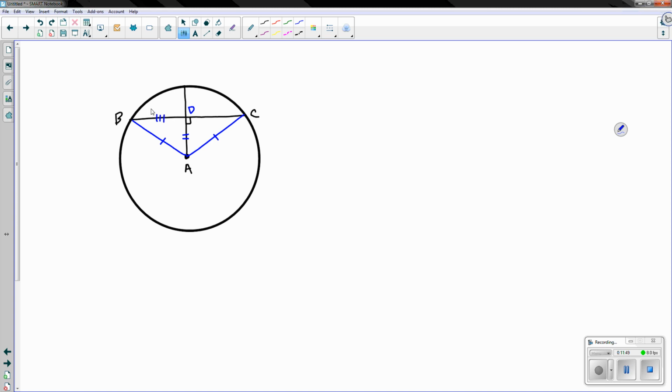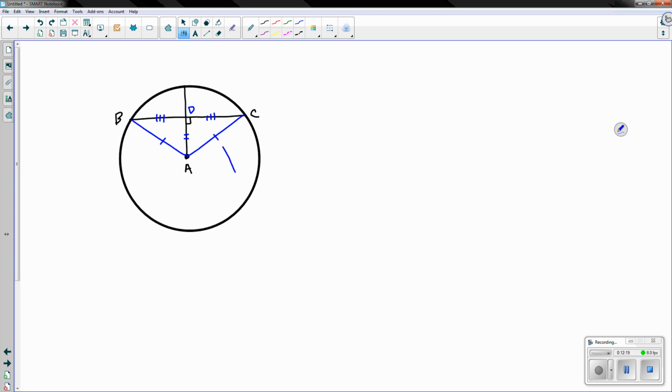So this piece, B to D, should be congruent to C to D, and therefore we now know that when a radius runs perpendicular to a chord, the chord gets bisected. Okay, so that's the theorem you want to know. Radius runs perpendicular to the chord gets bisected. In converse, if you see a bisected chord, you know the line that is bisecting that chord represents a radius.